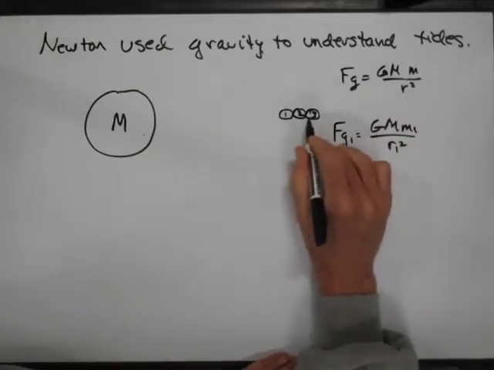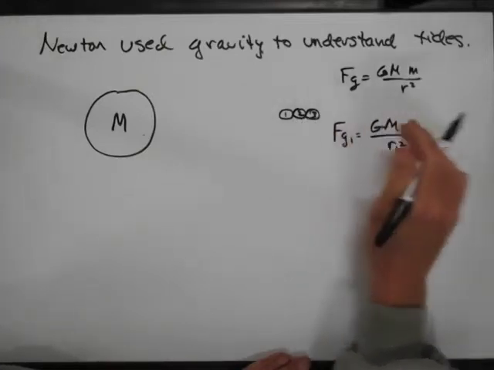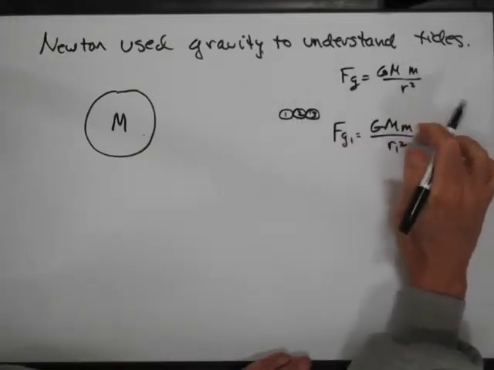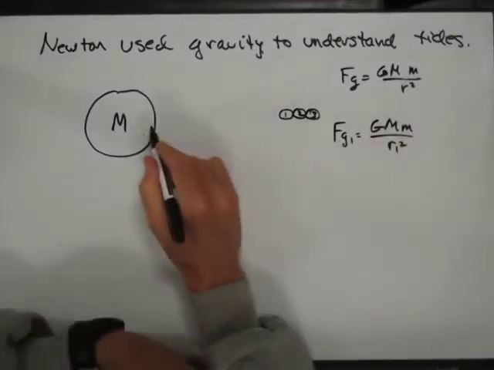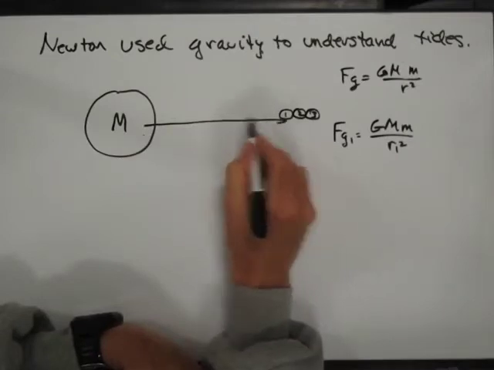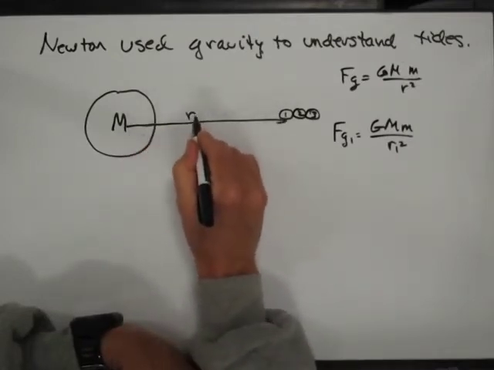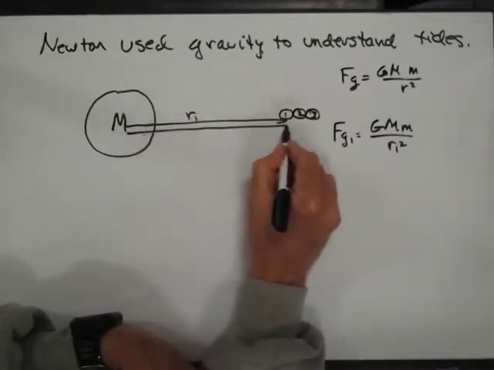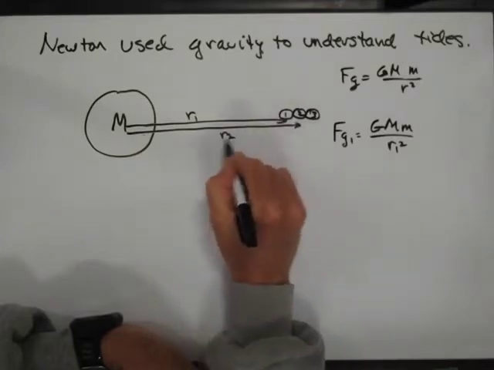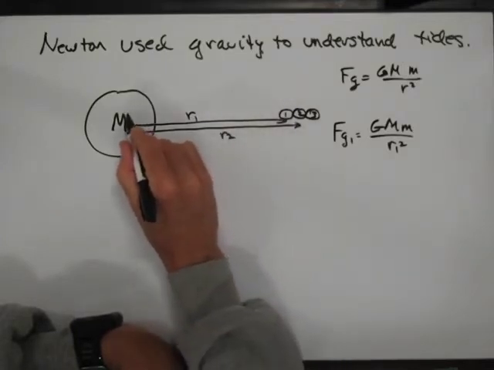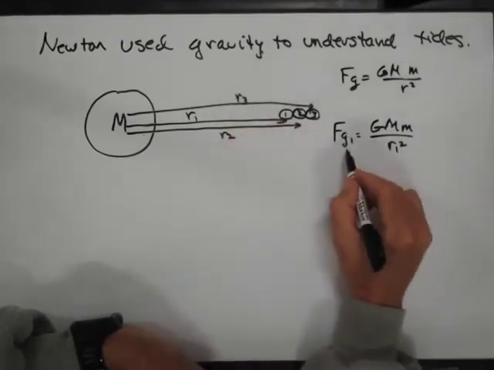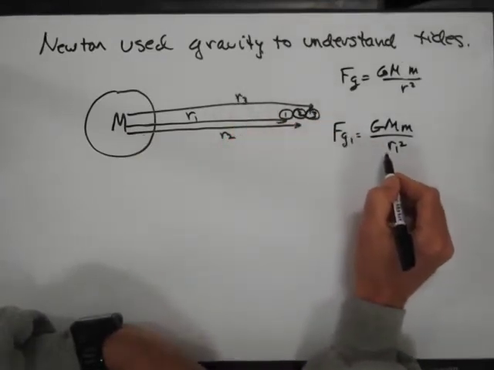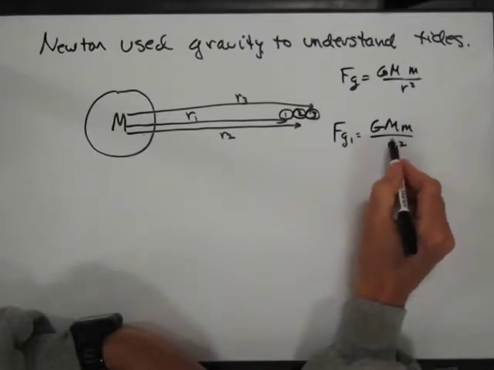Well, if M1 and M2 and M3 all have the same mass, then I can just leave it like that, right? But they have different R's because this is R1 from the center, and this is R2, and from the center out to there is R3. And you can see the force of gravity on 3 is going to be smaller than the force of gravity on 2 because it's going to have a bigger denominator.